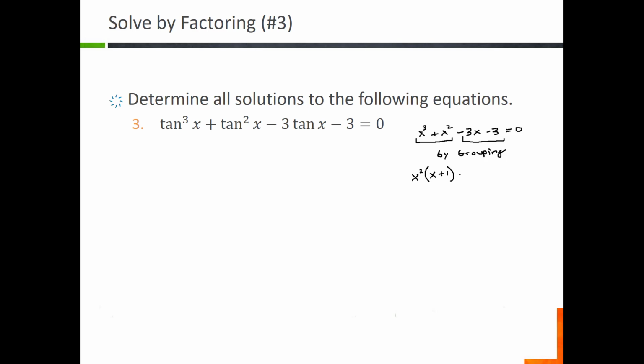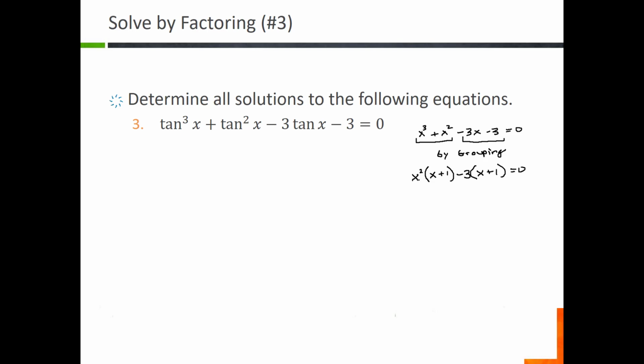1. All right, and what can I pull out of a negative 3x minus 3? They both have a 3, and they actually both have a minus or a negative. So let's pull out a minus 3. So if we pull out that minus 3, we're left with an x plus a 1 again. And so now we have 2 groups.